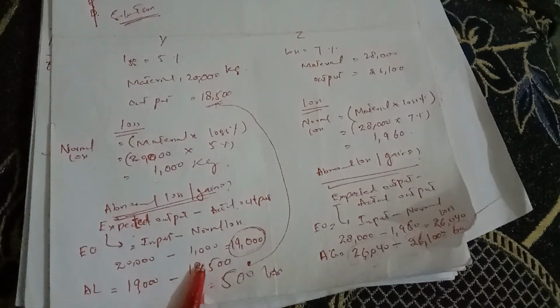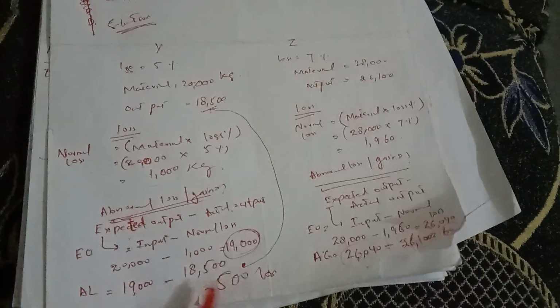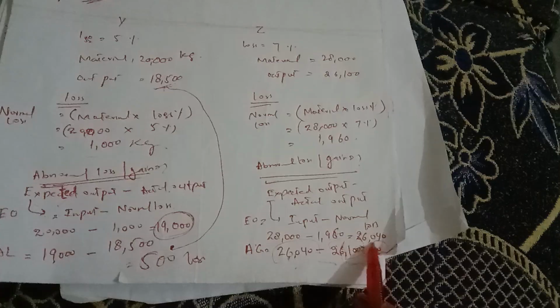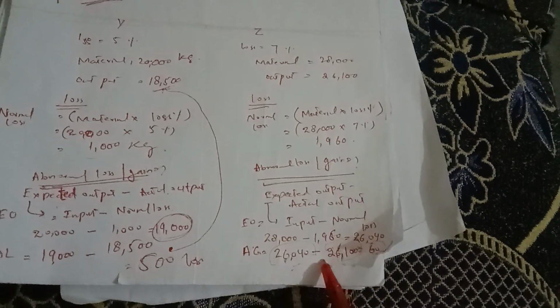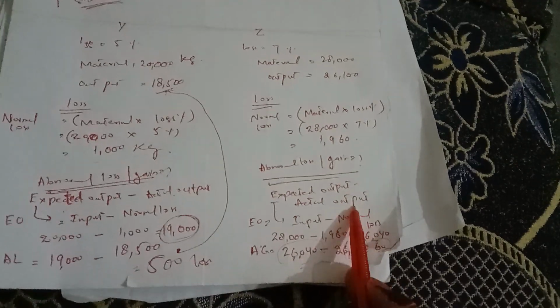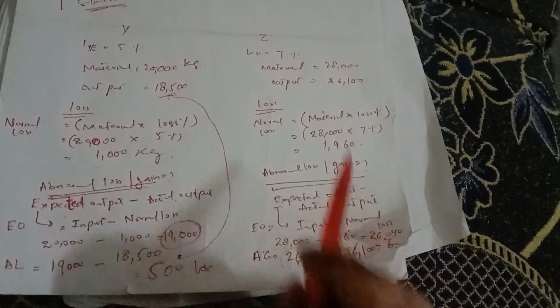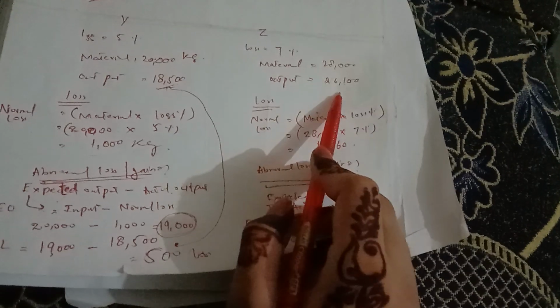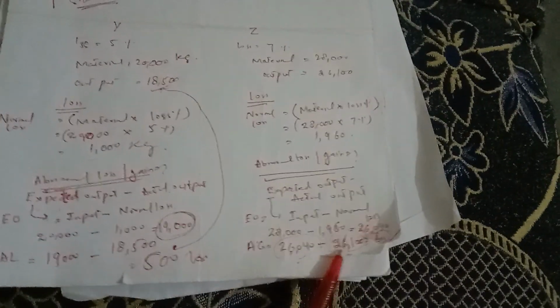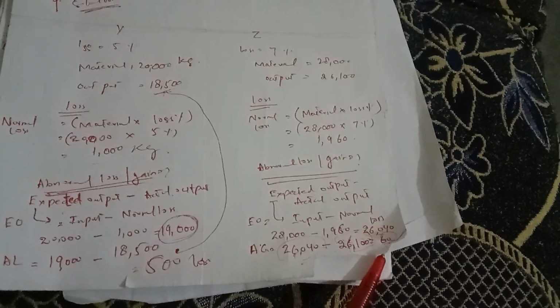We deduct both and it is a loss of 500. In Z, the expected output is 26,040 minus the actual output, which is 26,100 as given in the question. When we subtract both, we get 60.